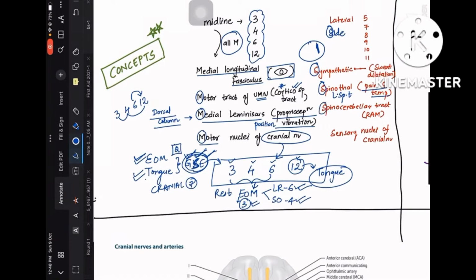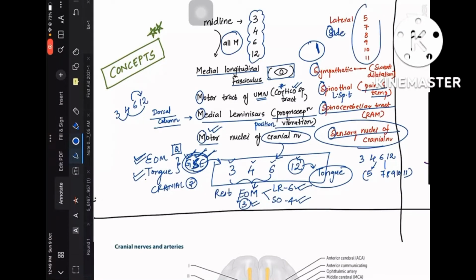Next is another S, the spinocerebellar tract. And another S is for the sensory nuclei of the cranial nerves. We are done with the motor nuclei of the cranial nerves, and here comes the sensory nuclei. Excluding 3, 4, 6 and 12, all the other nerves, like 5, and in between you have 7, 8, 9, 10 and 11. All of this comes under lateral.